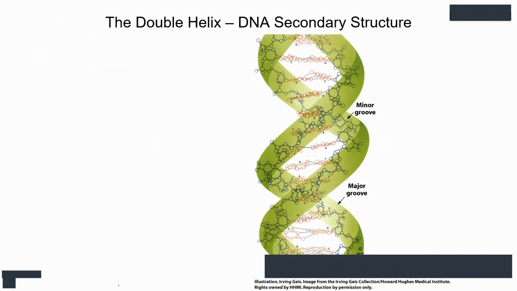Our overall structure for our DNA molecule is the secondary, or sorry, is the double helix. We've got a couple of people to thank for that. We've got Maurice Wilkins. We've got Rosalind Franklin.